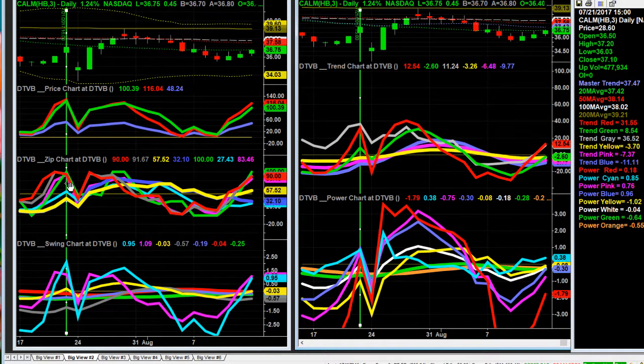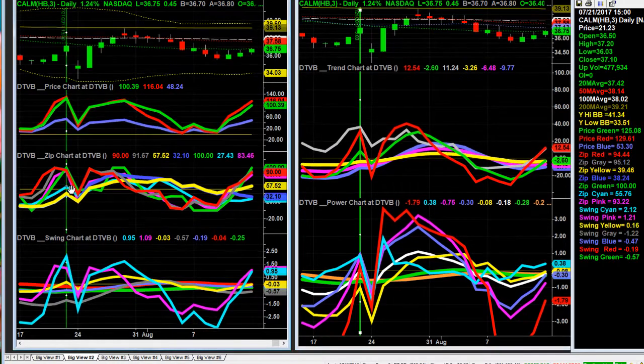There's no other lines in between it. And in this case here, I'm not sure actually what happens. Zip green is at 100, zip pink is at 93, and zip red is at 94. So actually zip red is in between pink and green. Doesn't happen very often, but in this case it does.